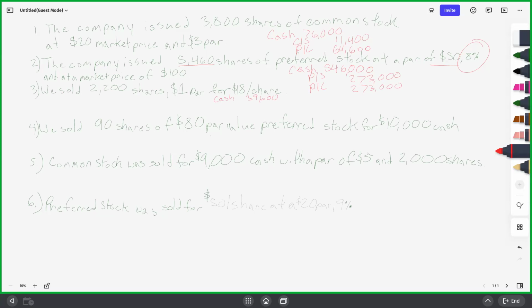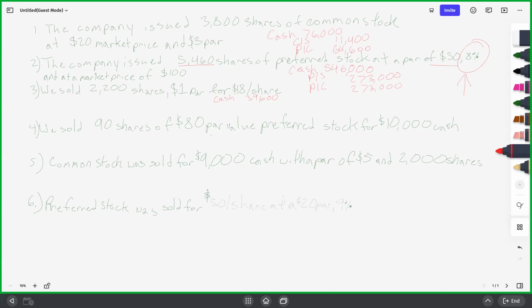How do you know which stock? The biggest difference between common stock and preferred stock is going to be this percentage. If it just says we sold shares and there's no percentage there, automatically think it's common.